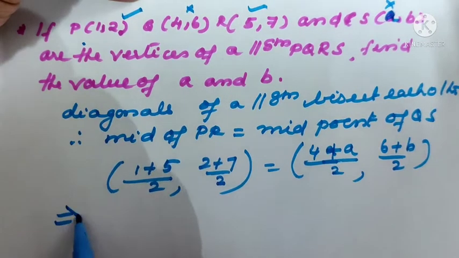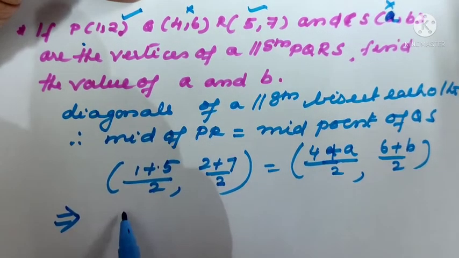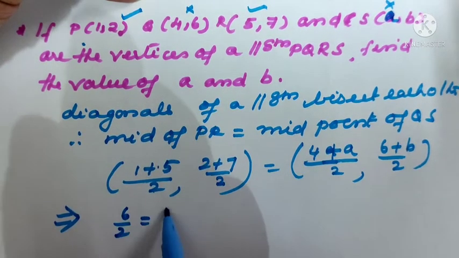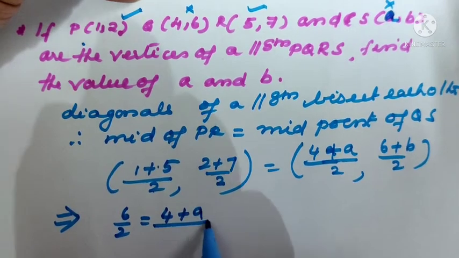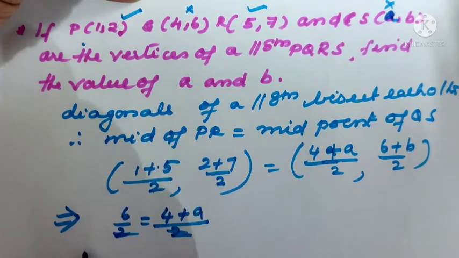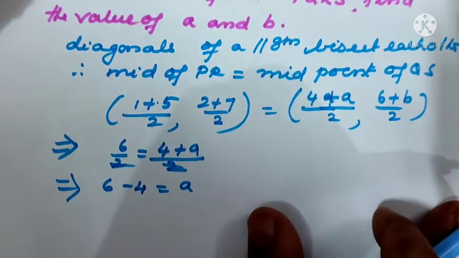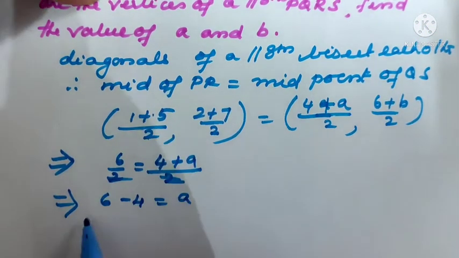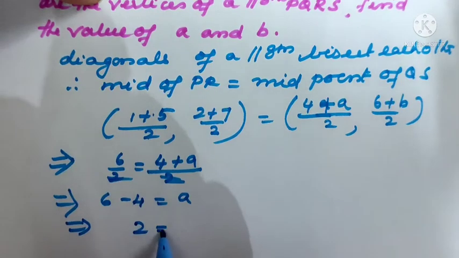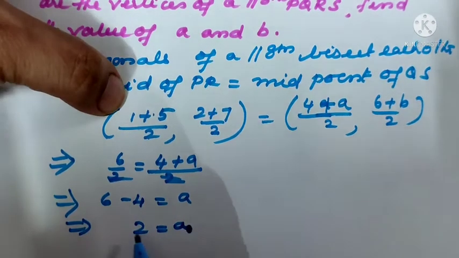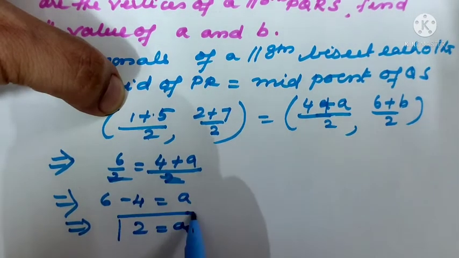Now we should equate. So 6 by 2 equals (4 plus a) divided by 2, the 2 will get cancelled. So 6 minus 4 equals a, which is 2. So a equals 2, one answer.